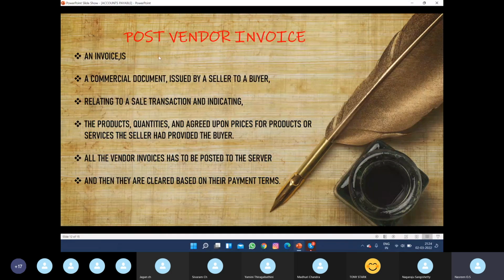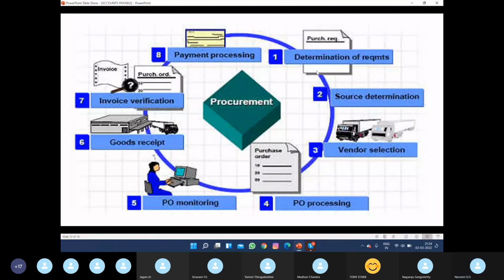Then comes posting the vendor invoice. Before understanding what posting the vendor invoice is, let's understand the actual cycle. In every organization, we first have to determine what the requirements are. Let's consider raw material. Suppose, for example, take tires.